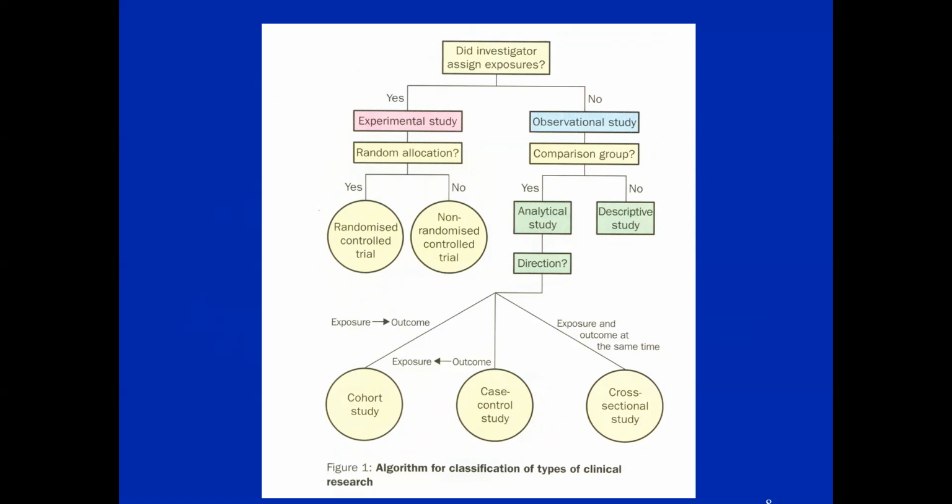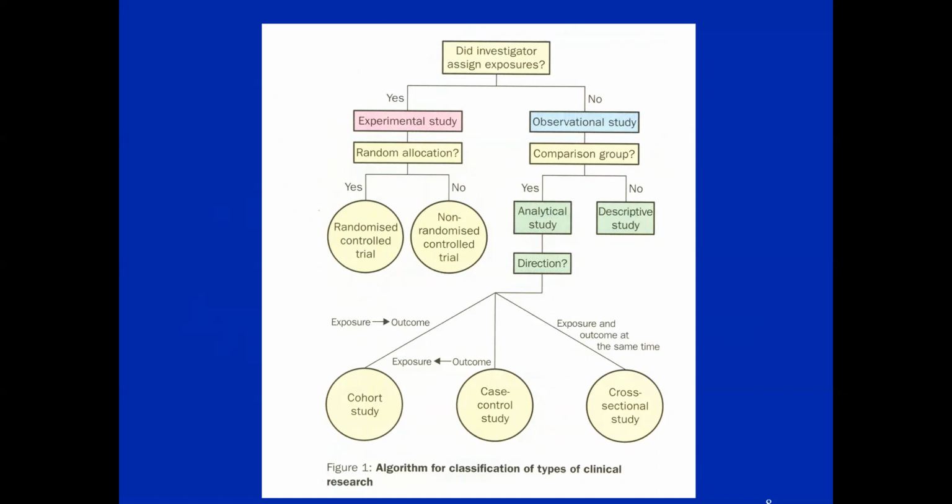But in the case of experimental studies, these are studies where we want to see the effect of something. Maybe one group we give them something, another group we don't give them something, and we want to see the effect of whatever we are giving.